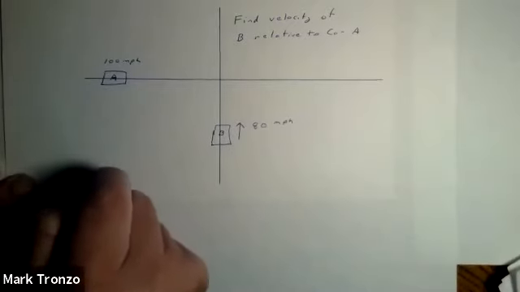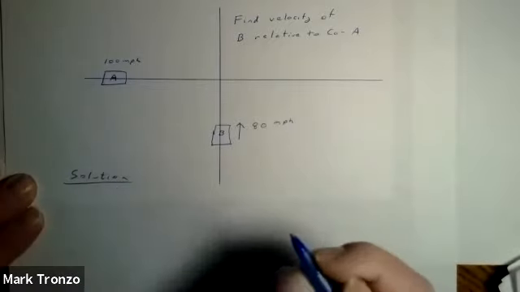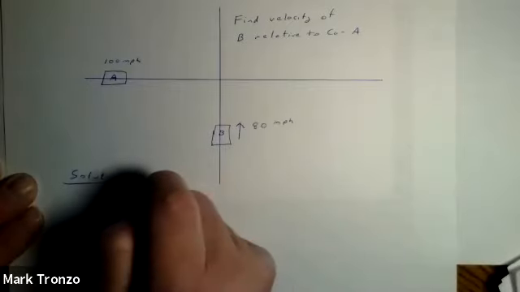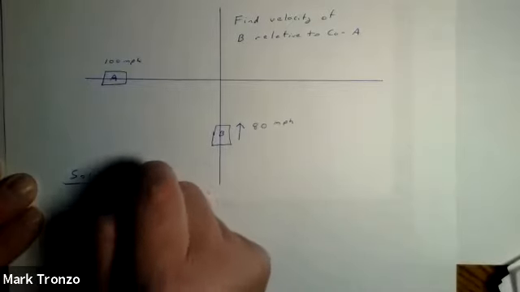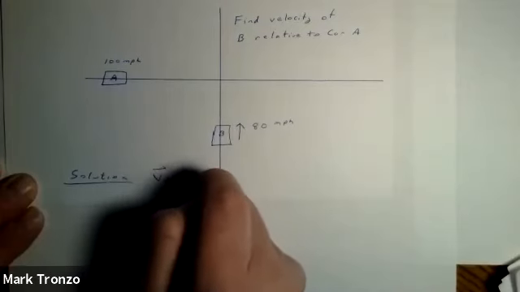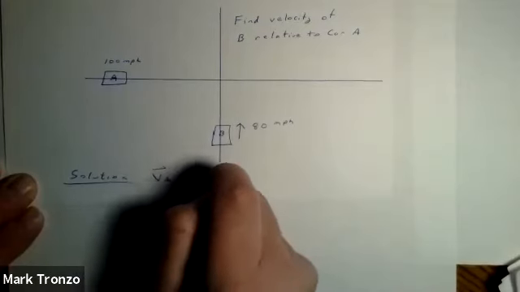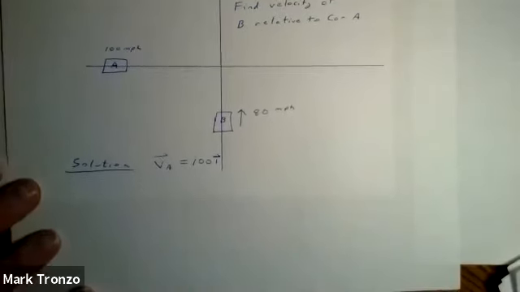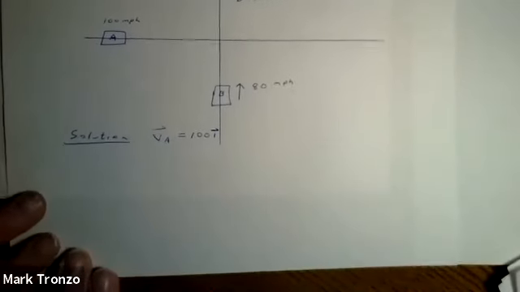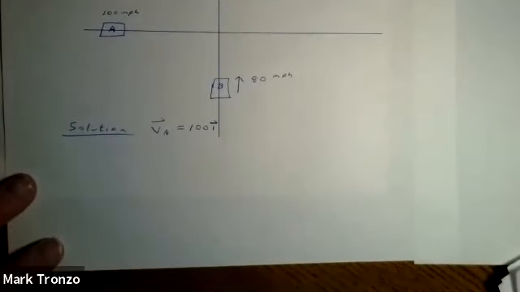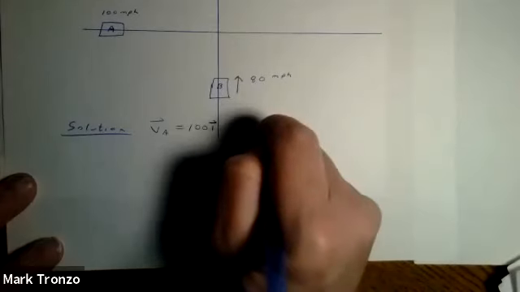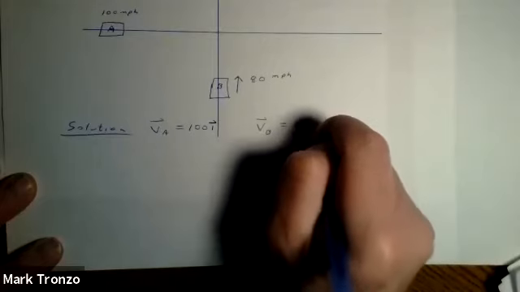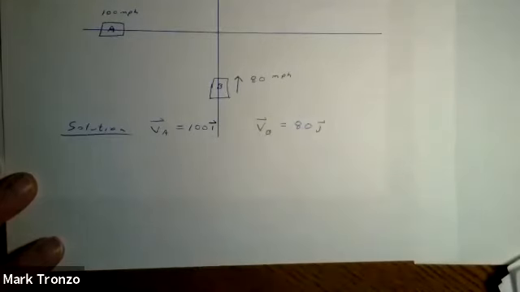If we write these as vectors, car A is going to be VA equals 100i, in the positive direction. And then car B is going to be 80j, in the positive direction.